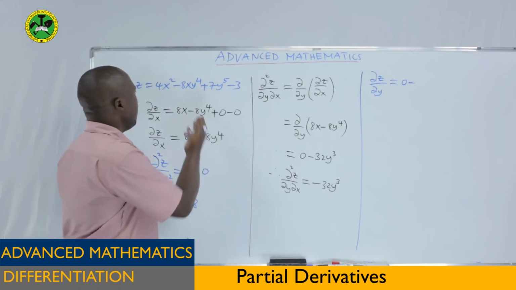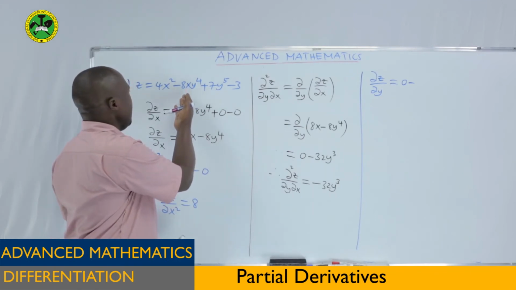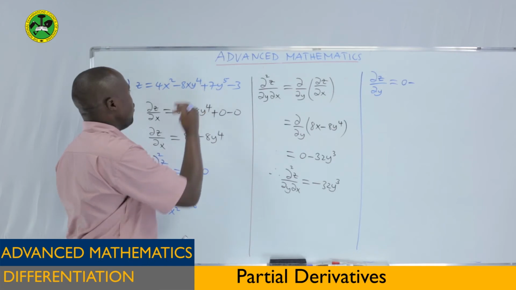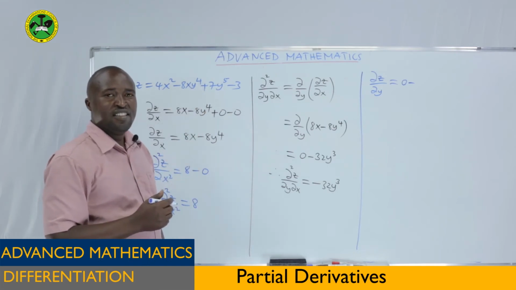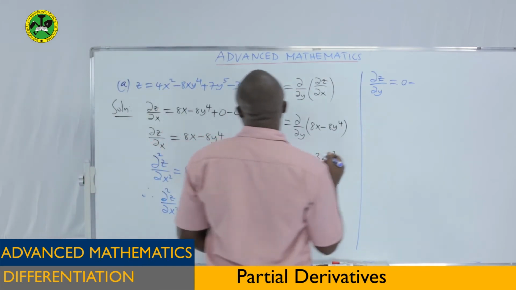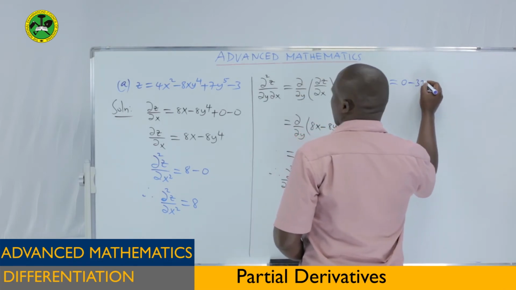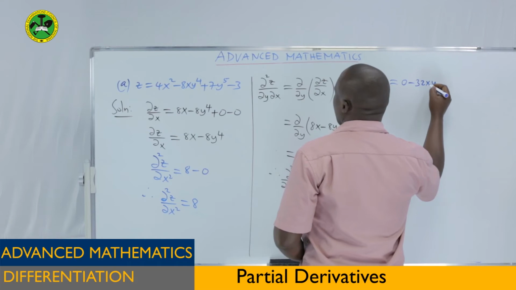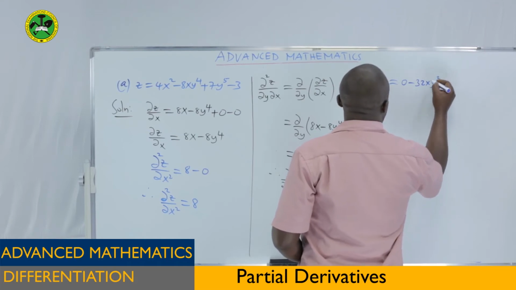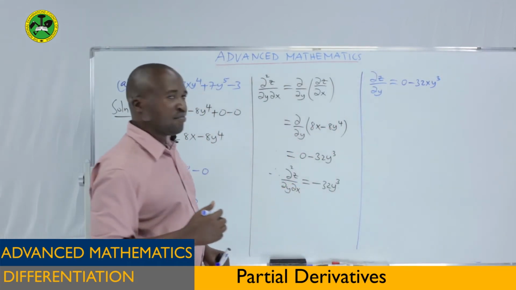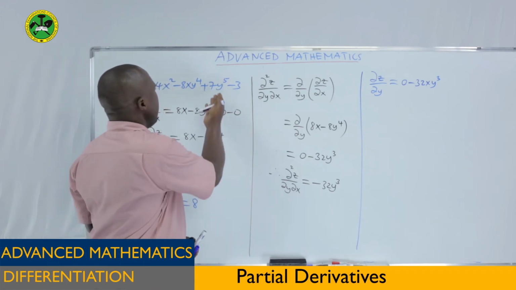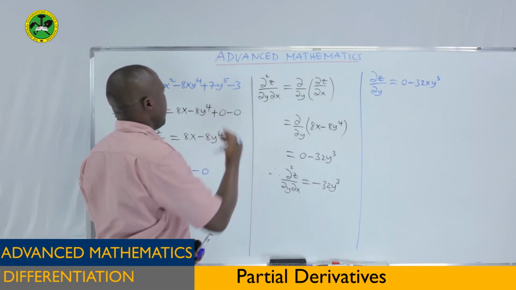The next we have negative 8x y power 4. So in this case we have minus, that is 32x y power 3. So we proceed with 7y power 5.